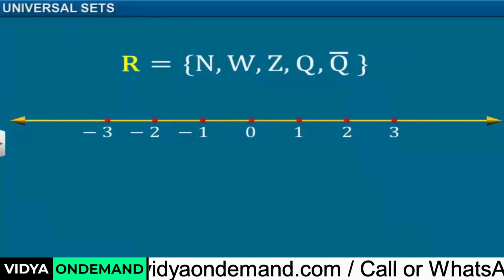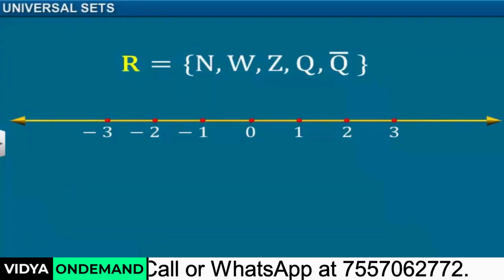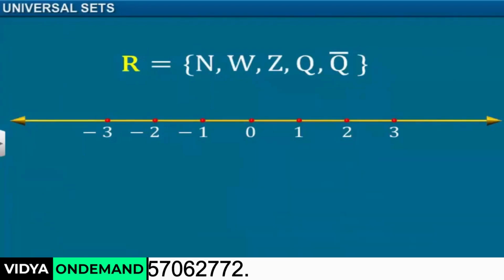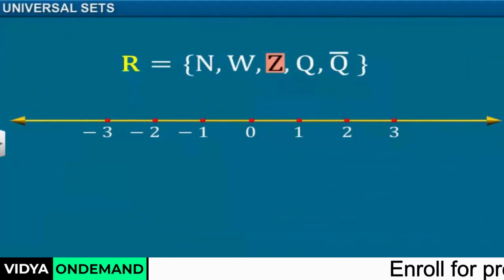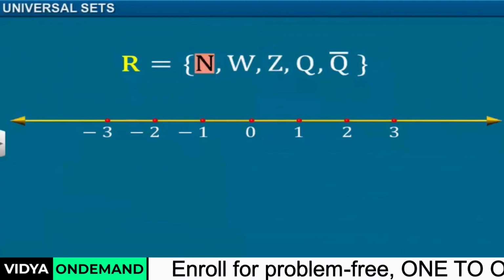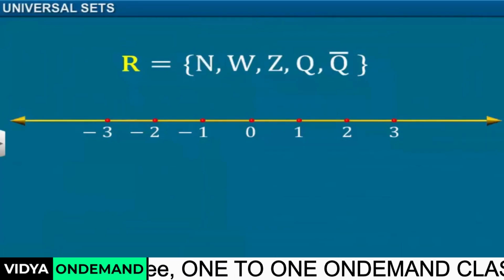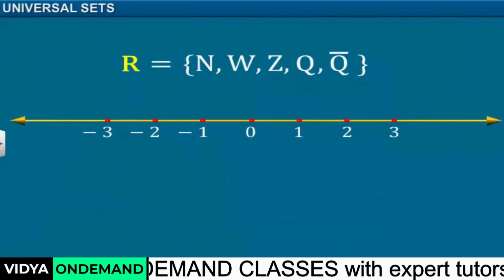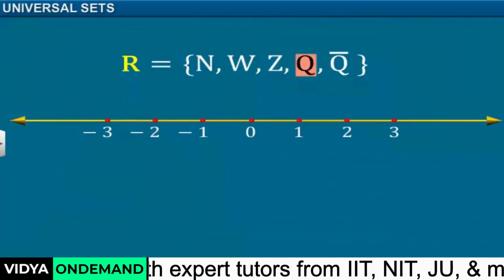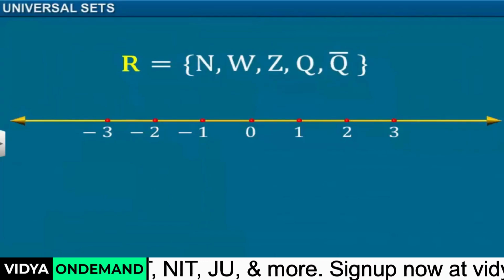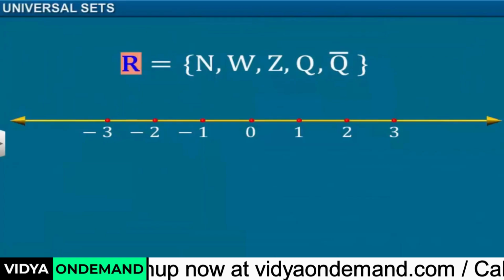Let's apply the idea of subsets in the context of real numbers. We know that integers, natural numbers, whole numbers, rational numbers, and irrational numbers together form real numbers.